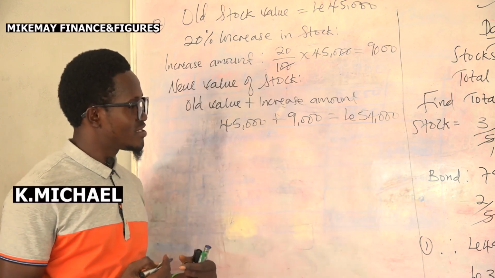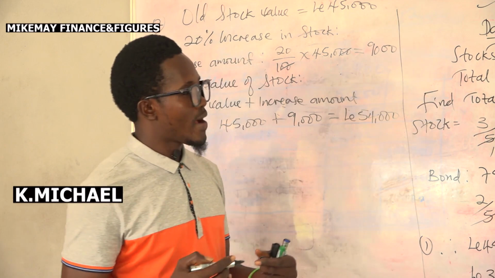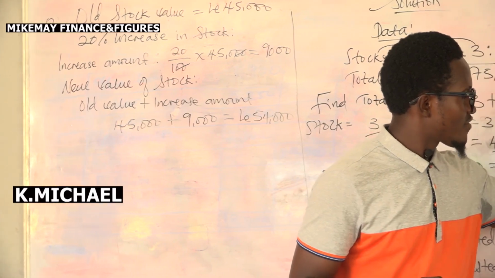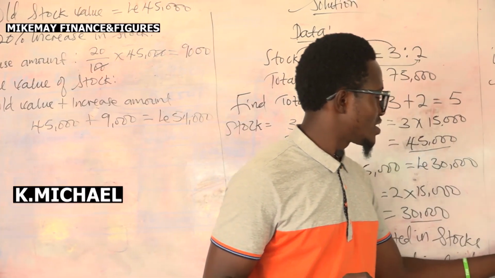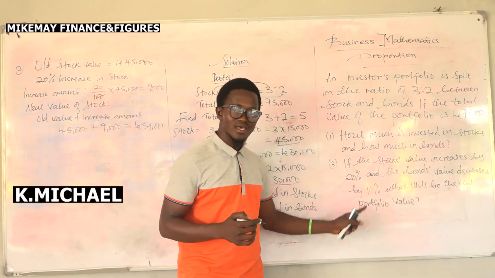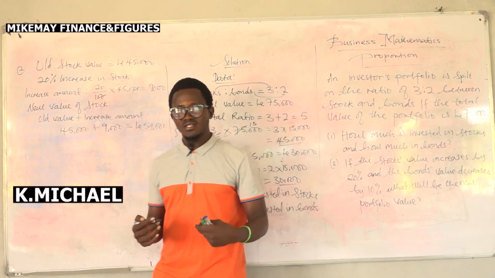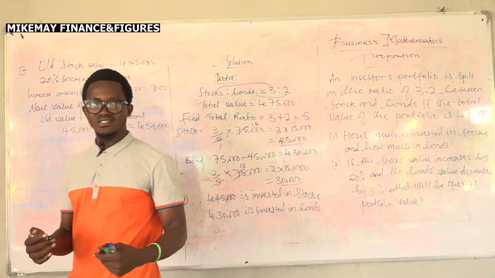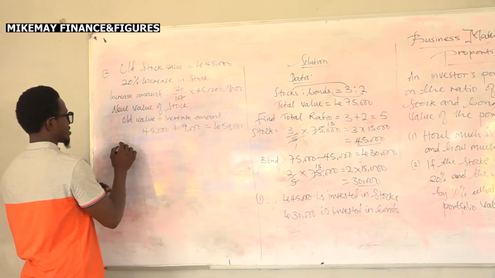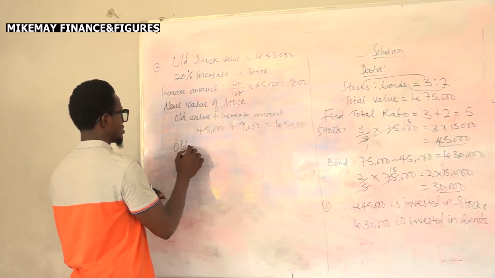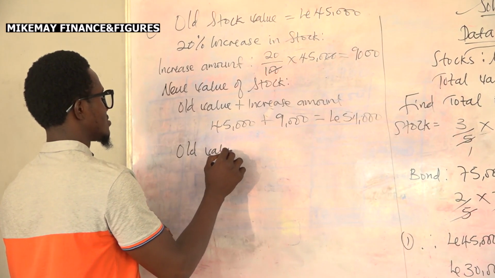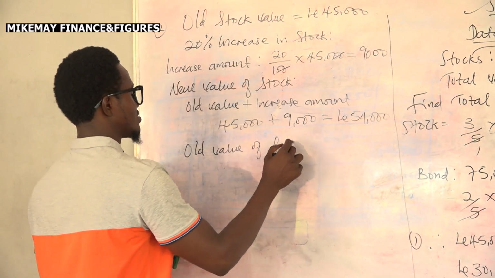Let's go ahead and find the new value of bonds. Remember, the question is saying if the stock's value increases by 20% and the bond's value decreases by 10%. So there is a decrease in the bonds value. So let's bring the old value of bond.